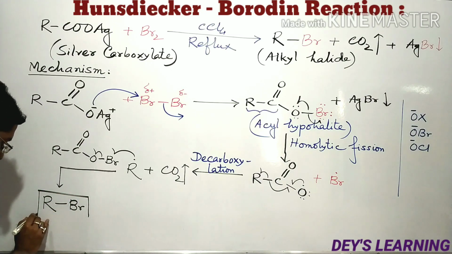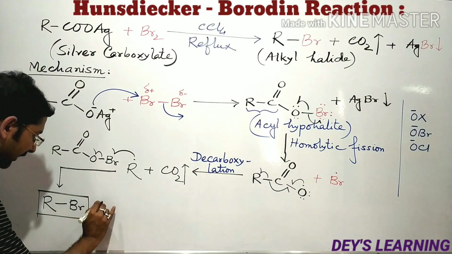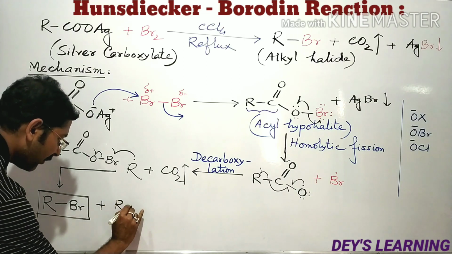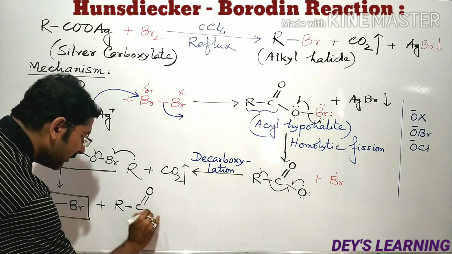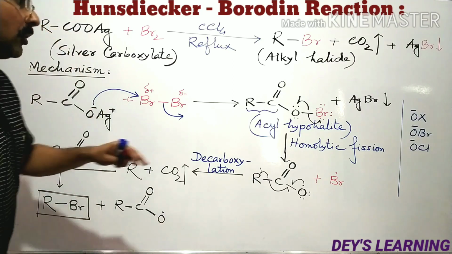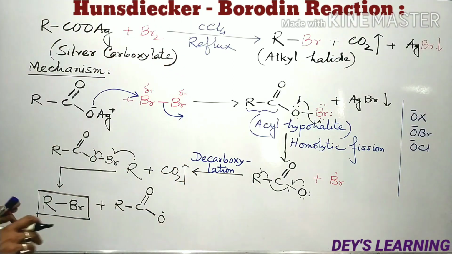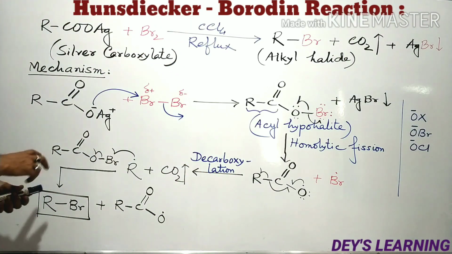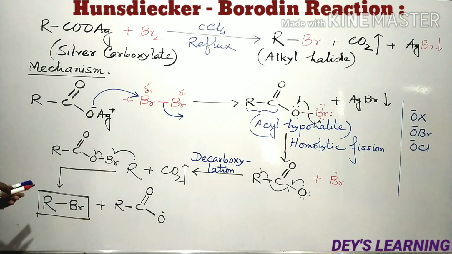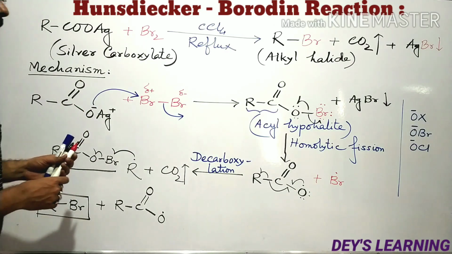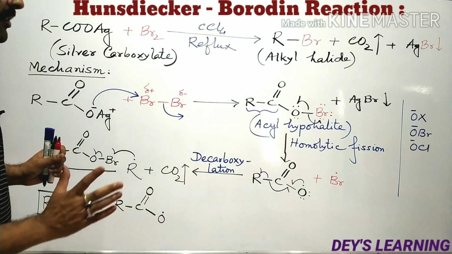This is our final product, and with it the carboxylate free radical will be formed, which will participate in the further reaction. Okay, this is the mechanism of the reaction. You can take a screenshot from here.